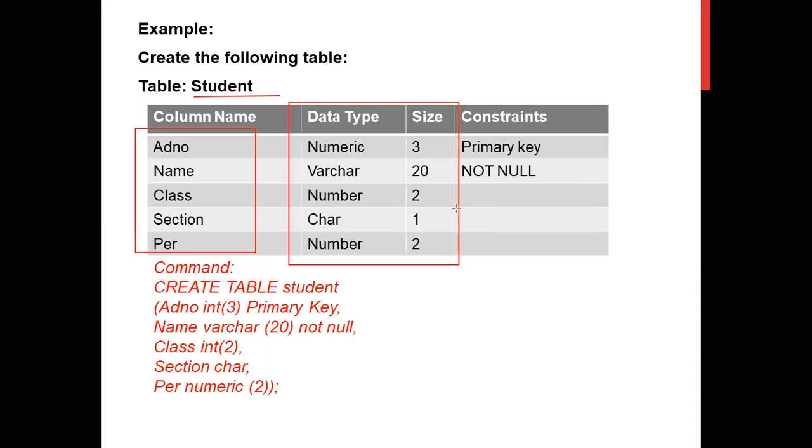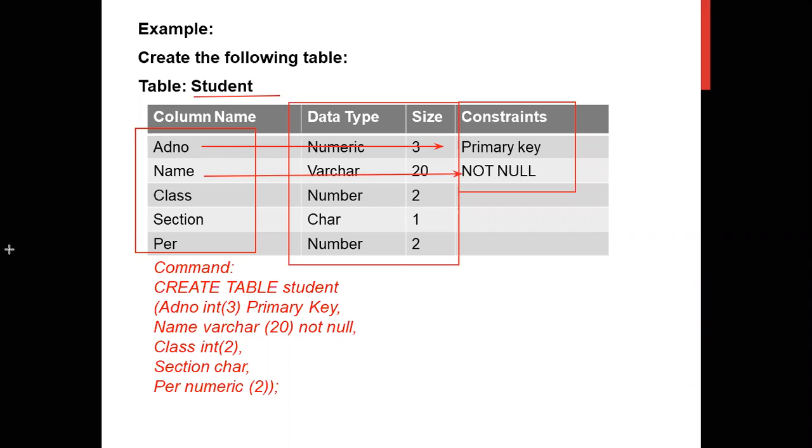Then the constraints: the admission number is a primary key and name is not null. Not null means this column will not accept a null value. It must contain at least one entry, but may repeat. Name may repeat, but does not accept null.